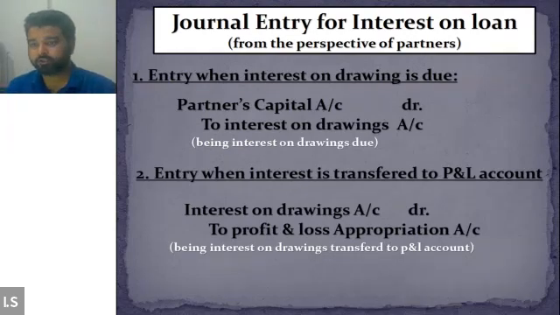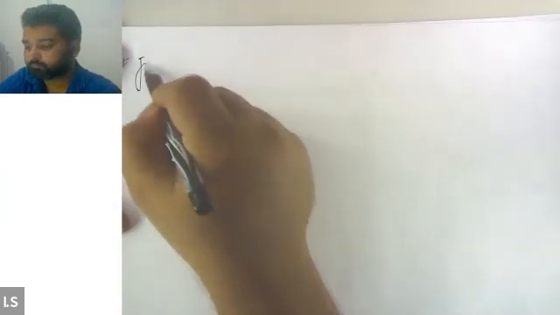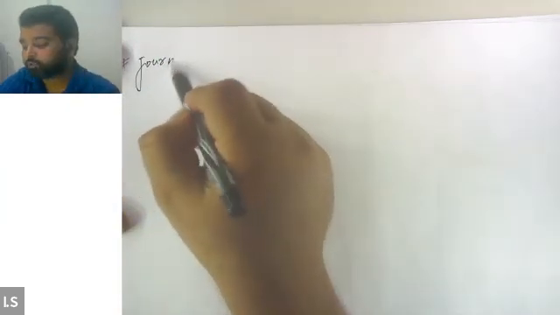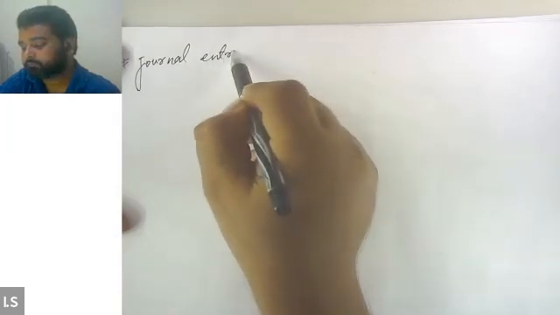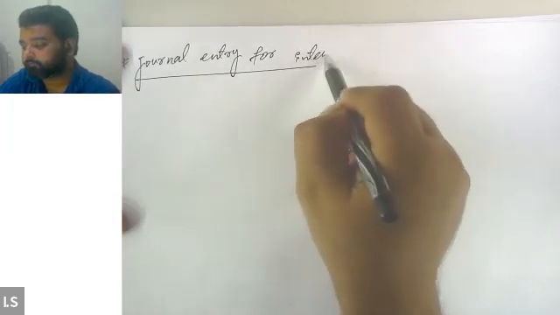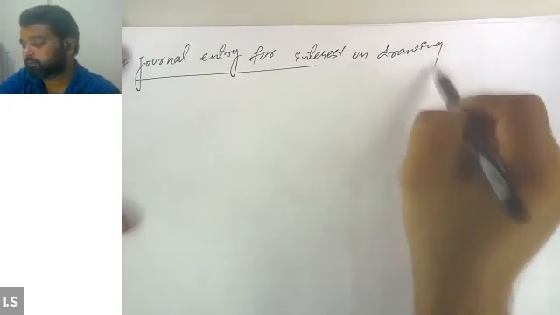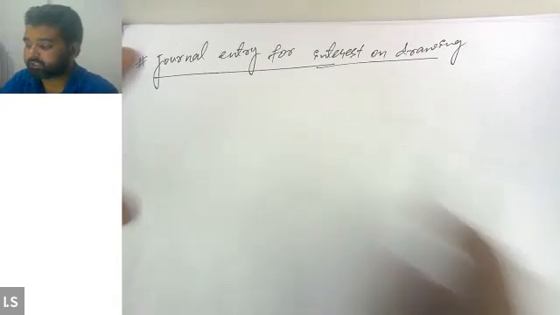Whenever interest is due, we need to pass the journal entry for interest on drawing. So there will be two journal entries.